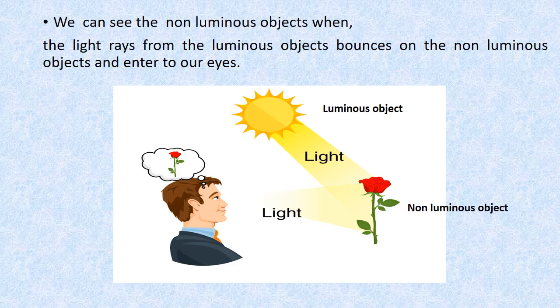The light rays from the luminous object, the sun, bounce off the non-luminous object. What is the non-luminous object? The rose plant. Because of that, that light enters our eyes. So then we can see that rose plant. Did you understand how we can see non-luminous objects?